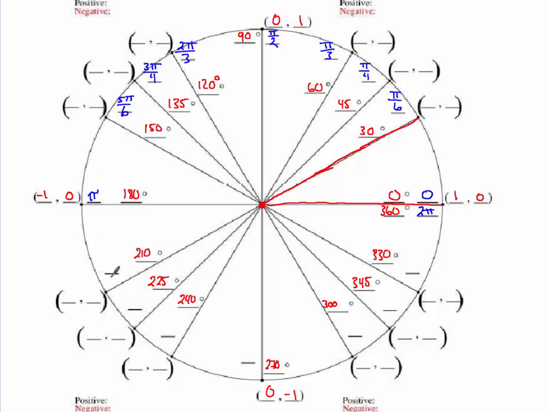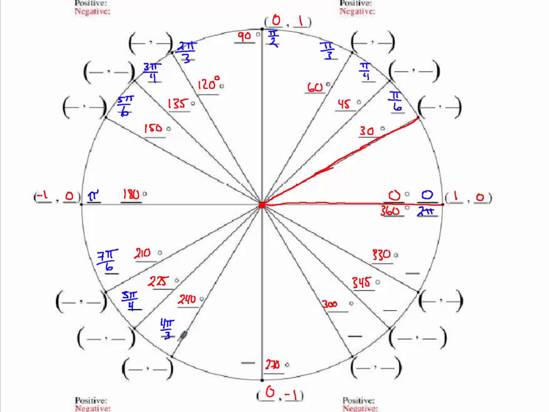And we're just going to keep going with this now. So 210 degrees, that's 30 degrees times 7. So it's 7 pi over 6. 225 is 45 degrees times 5. So that's 5 pi over 4. 240 degrees is 60 degrees times 4.